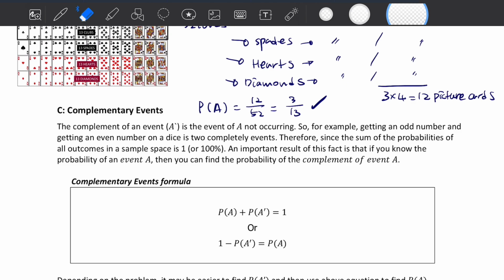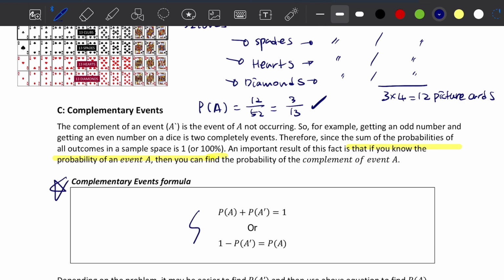Since we know that the sum of the probabilities of all outcomes in a sample space is 1 or 100%, using this information we can set these 2 formulas. When you add an event and its complementary event, it is always equal to 1. Or you can calculate the event if you know the complementary event: you subtract the complementary event from 1, then you can calculate your event, or vice versa.